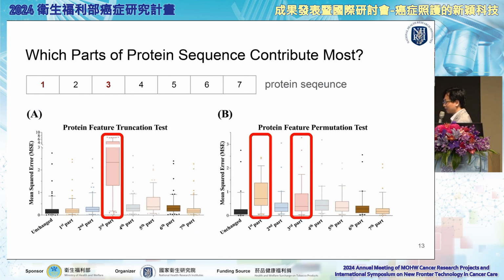So this model did learn something from the other GPCRs. And also we did the feature permutation test, which is to randomly substitute the residues with others. And we found that part 1, the first part, contributes most. And that makes sense because the N-terminus has already been proven to be the most important part for ligand recognition.